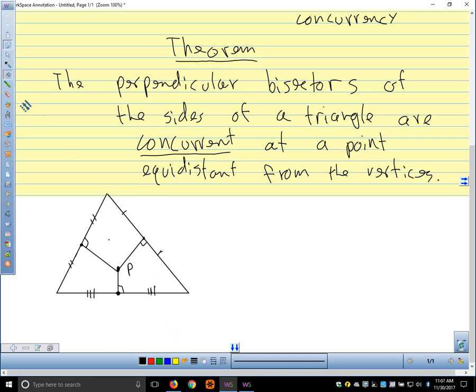So I'm going to sketch a dotted line to each vertex. What the theorem is telling us is that all of those dotted lines are the same length.